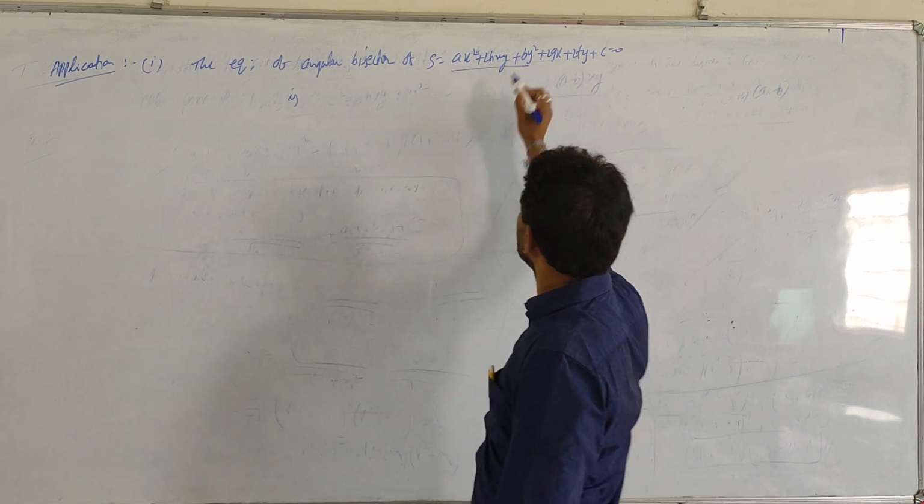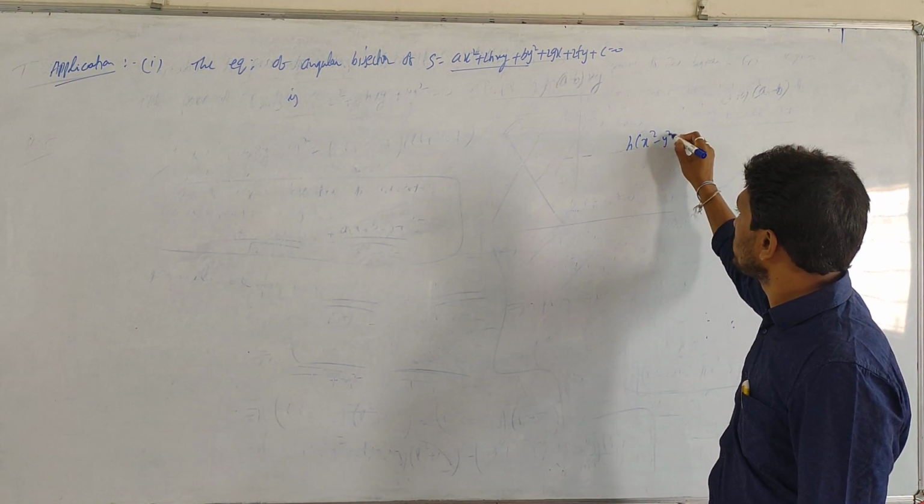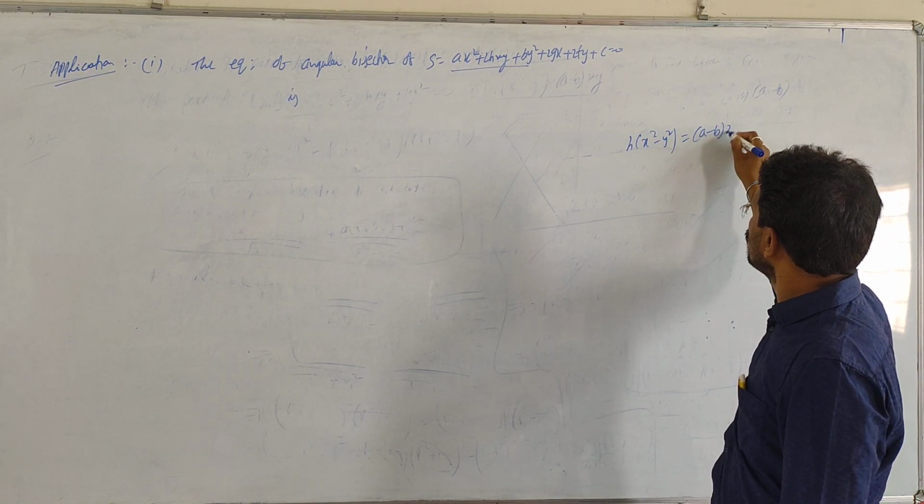Actually for ax square plus 2hxy plus by square equal to 0, we have h into x square minus y square is equal to (a minus b) into xy.